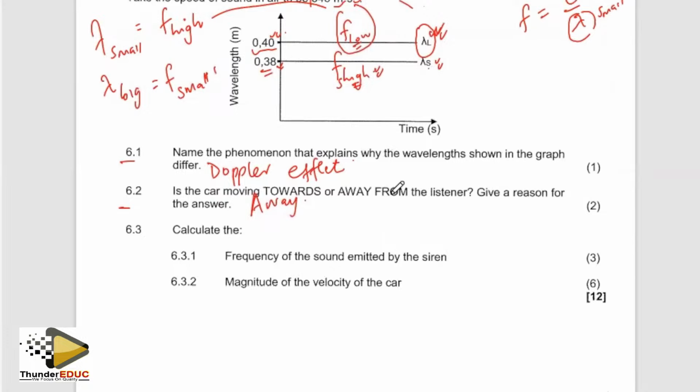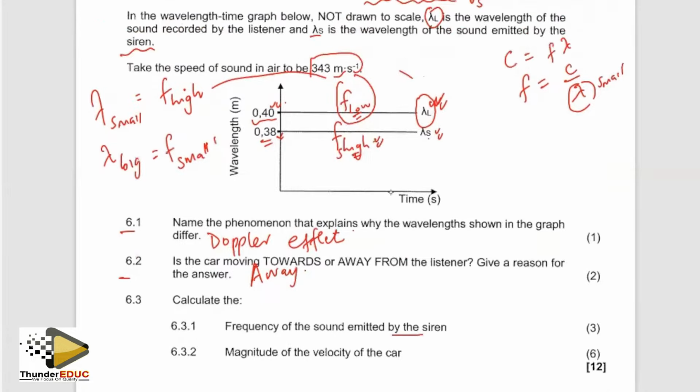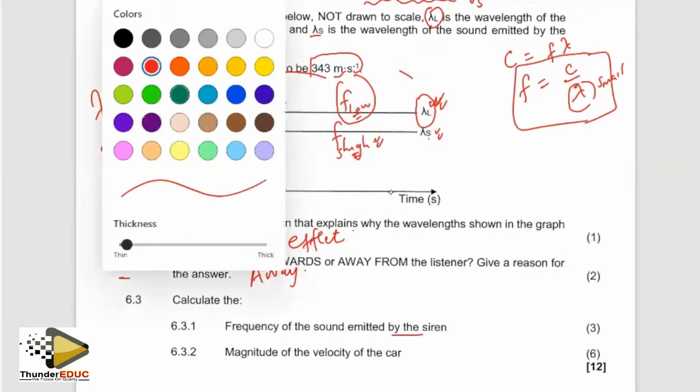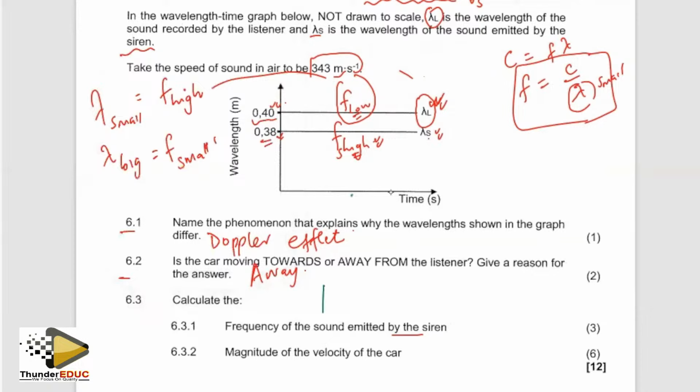Then 6.3, calculate the frequency of the sound that is emitted by the siren. So I can still use this formula and do the substitutions. The frequency of the source is going to be c, which is the speed of sound in air, divided by the wavelength.